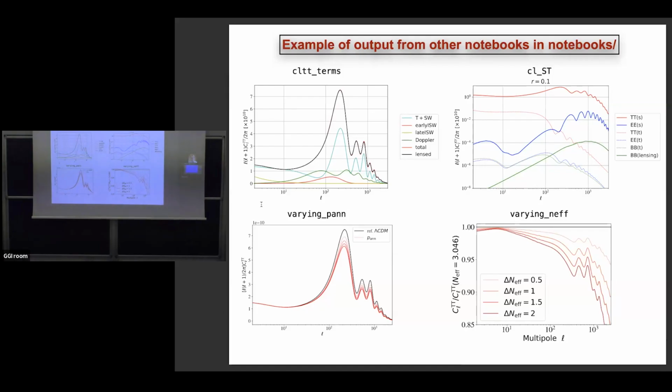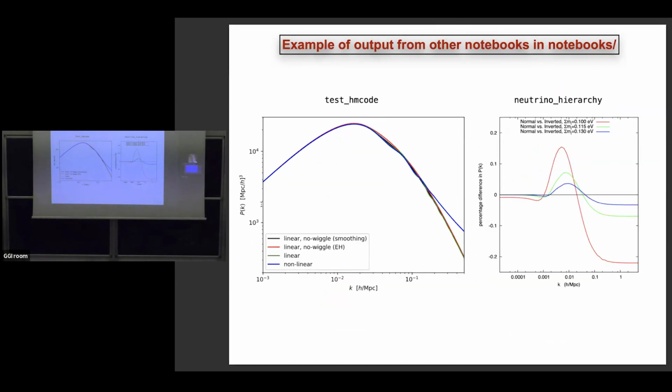And in this case, you see the relative variation, with respect to a reference, of CLTT when you vary the neutrino effective number, the effective number of neutrino or relativistic species. And I think in these modules, you find also how to get the same for the matter power spectrum. So starting from there, you can adapt it to your favorite parameter, or maybe you have modified class for new physics and you want to check what is the effect of a parameter that you define yourself. You can start from these notebooks and make a nice plot for your article.